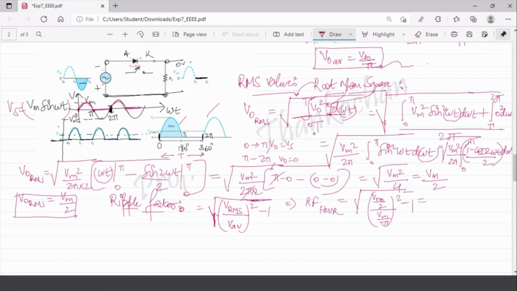Vm gets cancelled. This will be pi by 2 whole square minus 1, the root of this. This comes out to be 1.211 for a half wave rectifier. Is it clear to all? The ripple factor.